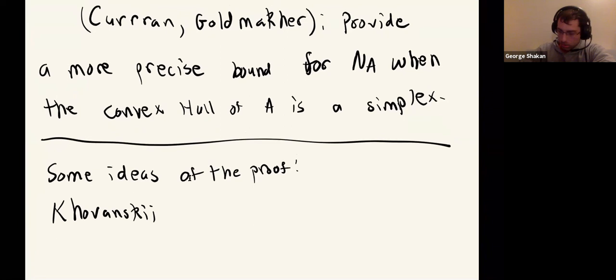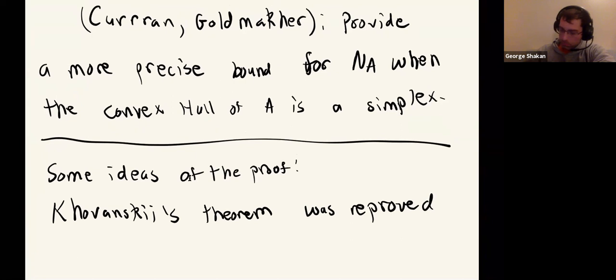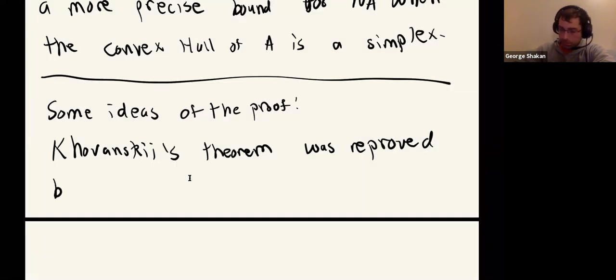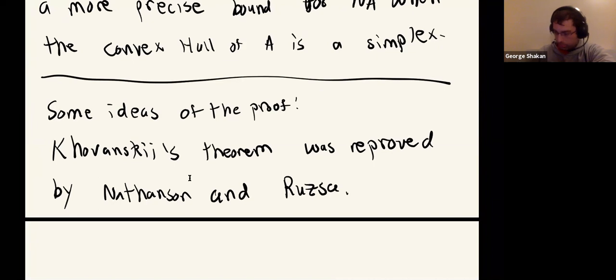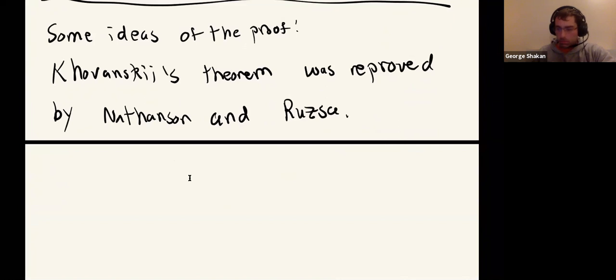So this theorem was reproved later with a different proof by Nathanson and Ruzsa. Yeah, so they provided a different proof of this. They have a paper on it. It's a short paper. It's a nice read, certainly.